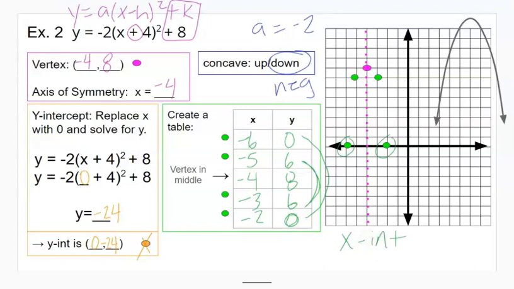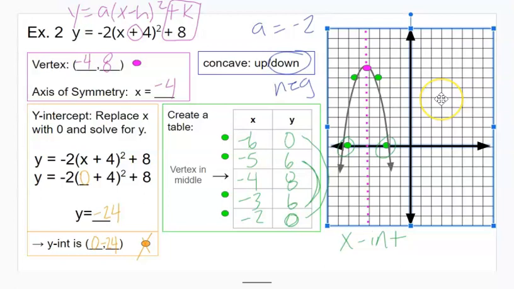So that did give us an extra piece of information there, as we got our x-intercepts out of these values as well. And sometimes that does happen, and sometimes it doesn't, and that's okay. So we can try to line up this parabola shape the best we can. Sometimes they don't like to line up super nicely, but just do the best that you can.